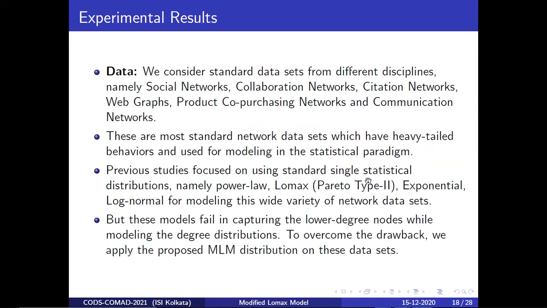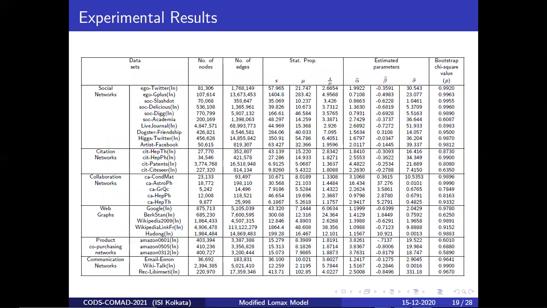Previous studies have shown the application of power law, Lomax, exponential, log normal, and other distributions for these particular network datasets, but they failed to capture the lower degree nodes while modeling these degree distributions. To overcome their drawbacks, we finally apply our proposed distribution to these datasets.